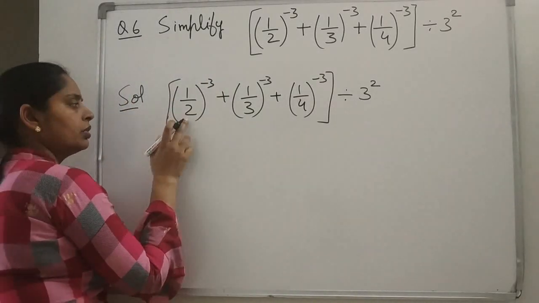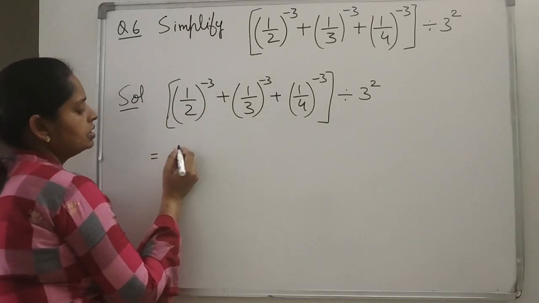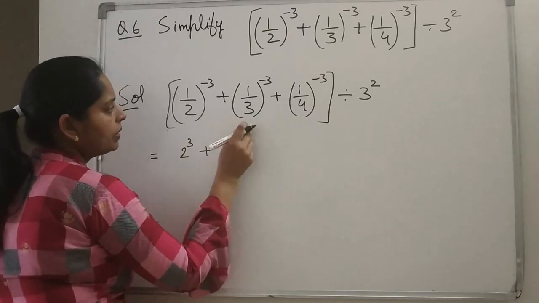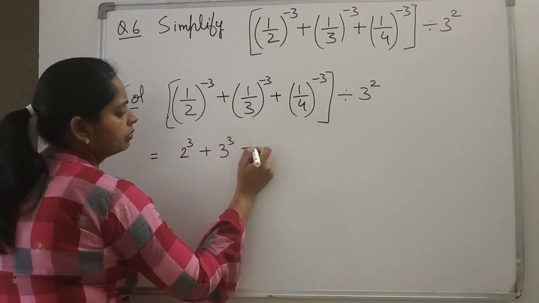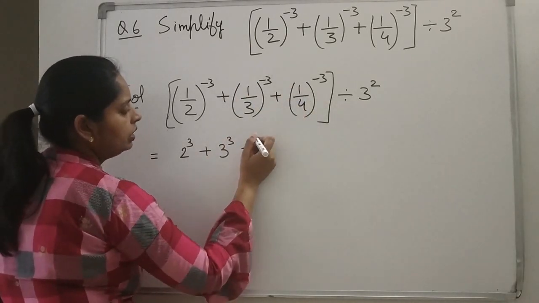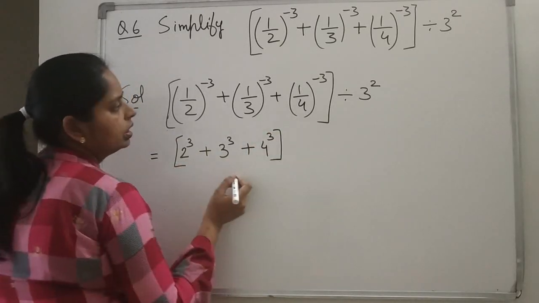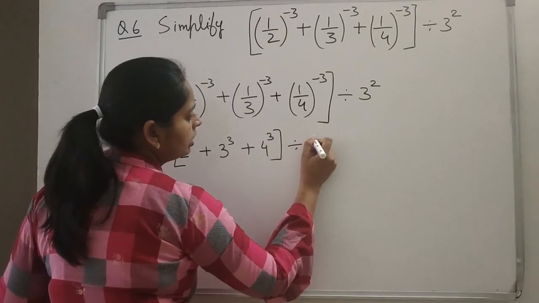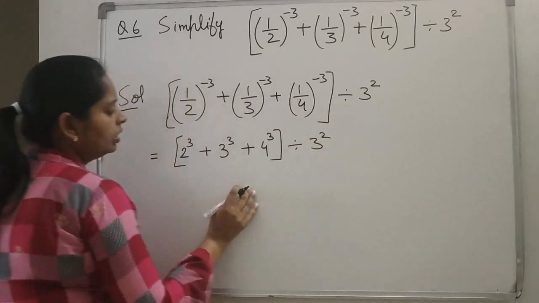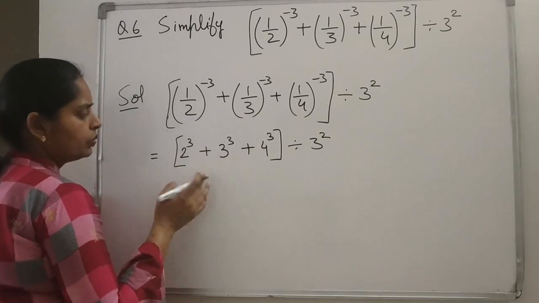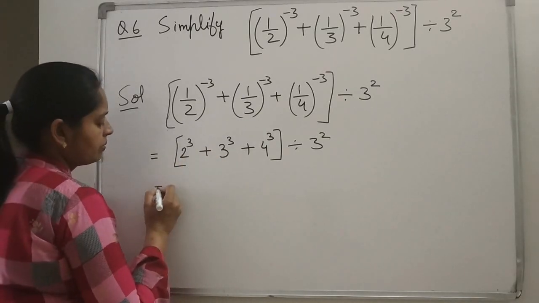We will take the reciprocal of the term inside. So this is 2 to the power 3 plus 3 to the power 3 plus 4 to the power 3, whole in bracket, divided by 3 to the power 2. We can see here that we are having a plus sign in between, so there is no other option. We have to find the values for this.